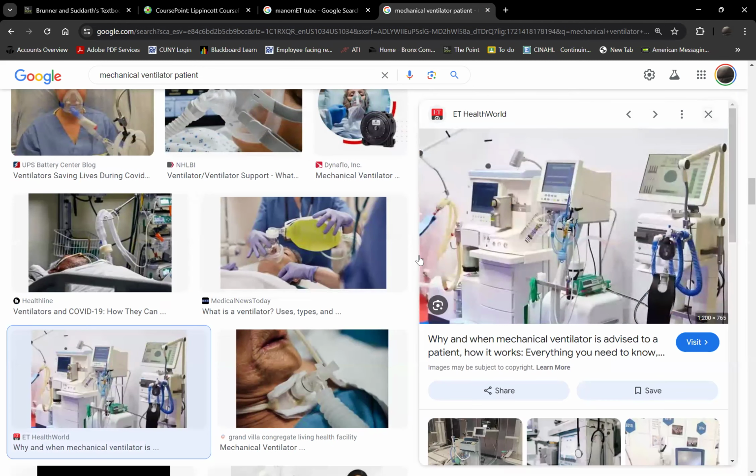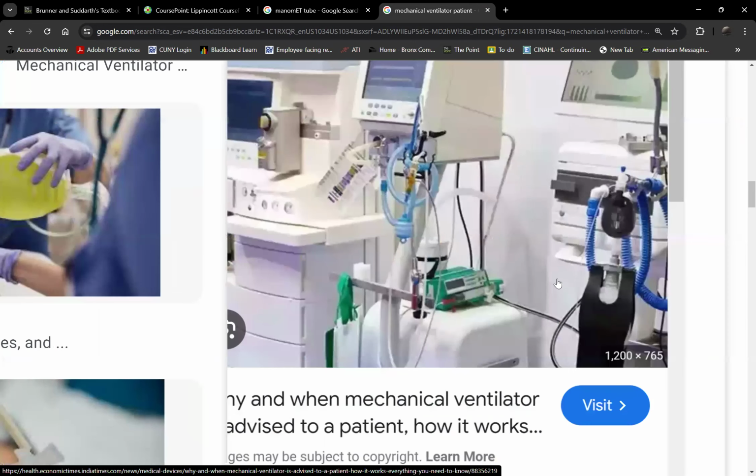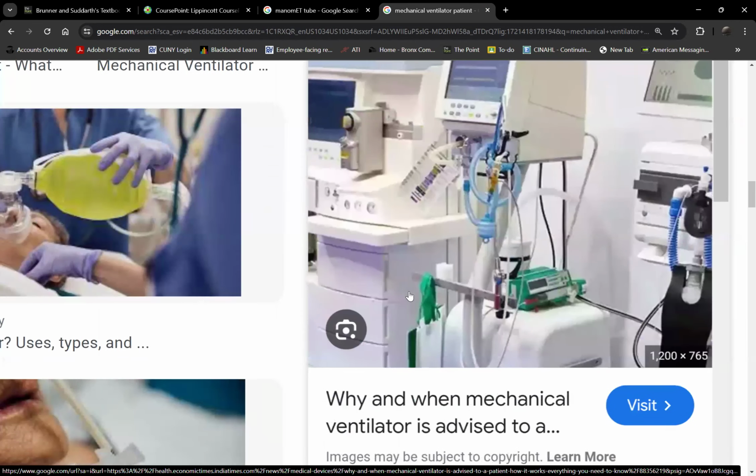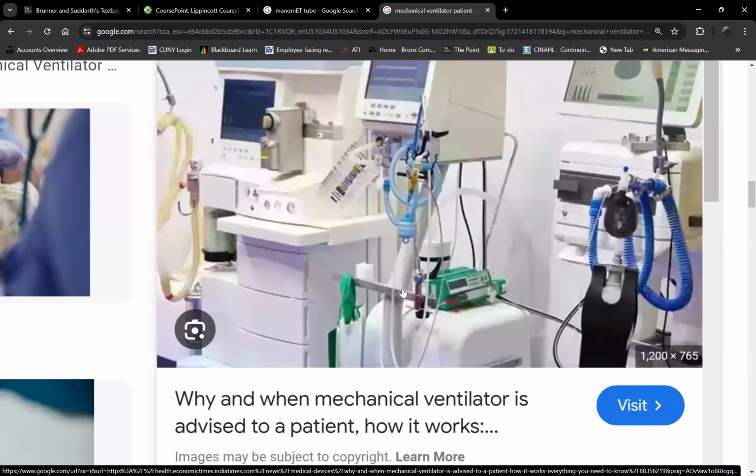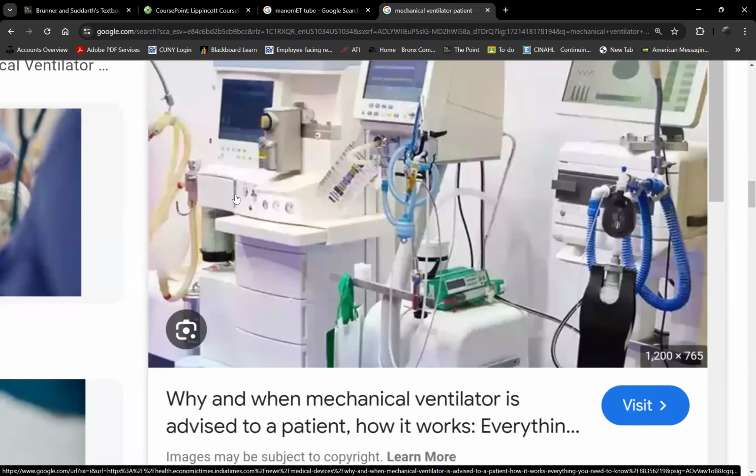Okay, here. So this is the circuit. This is connected to the patient somewhere here. So this is the vent circuit. This is going to the vent, and the patient is here.